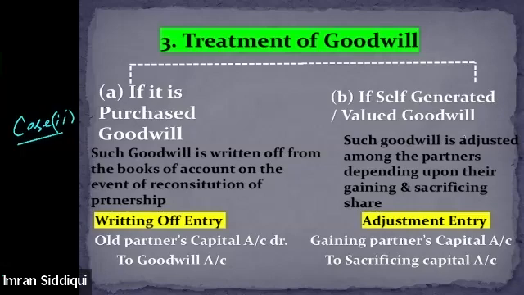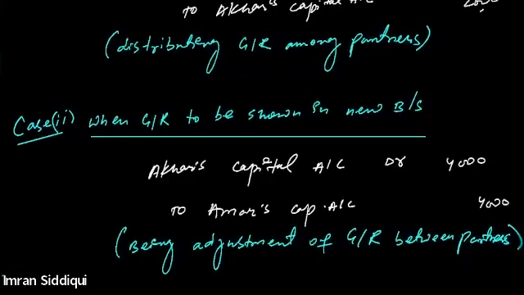Now see, the treatment of the goodwill depends upon the type of goodwill. I have already explained this previously while covering goodwill. There are two types of goodwill: one is the purchased goodwill, and then there is the self-valued goodwill. Do you recall that? Yes, sir. Okay.